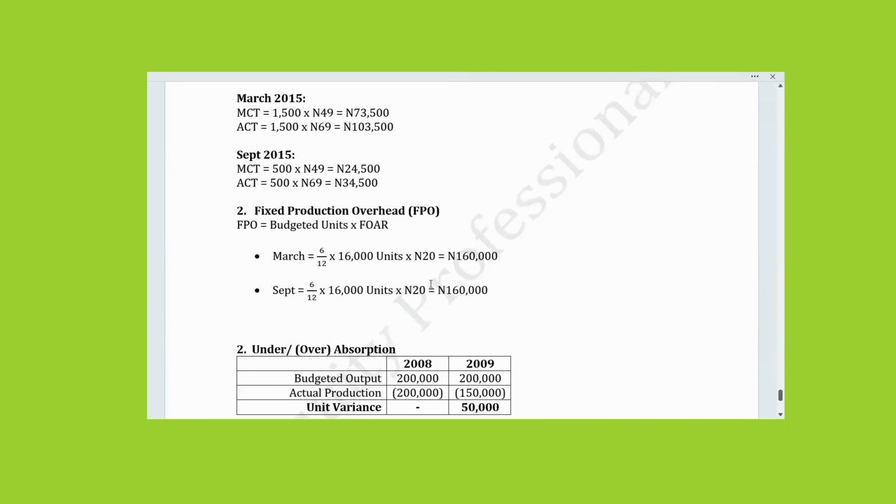An average student, because you are so much in a rush, thinks this question is straightforward. You just pick the 16,000 units, you multiply with 20 naira, you get 320. But 16,000 units is for 1 year, and you are calculating for March. March is just for 6 months, so you cannot recognize 16,000 units. All right, so that is that.